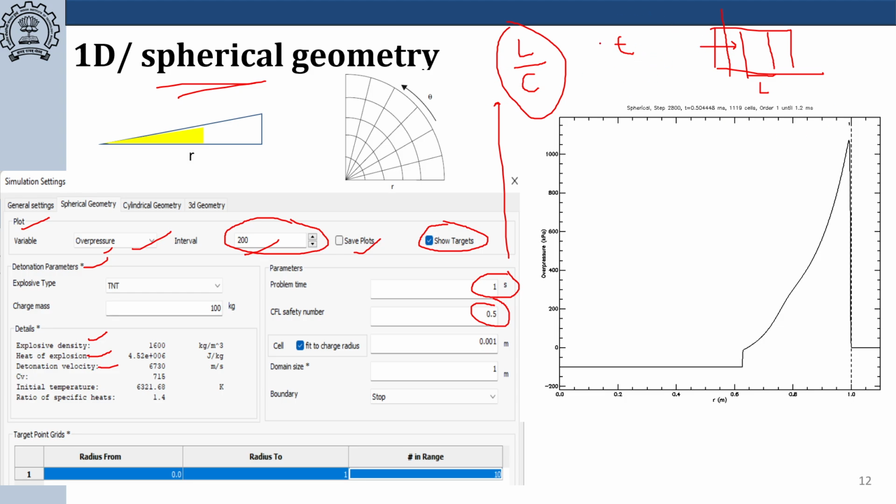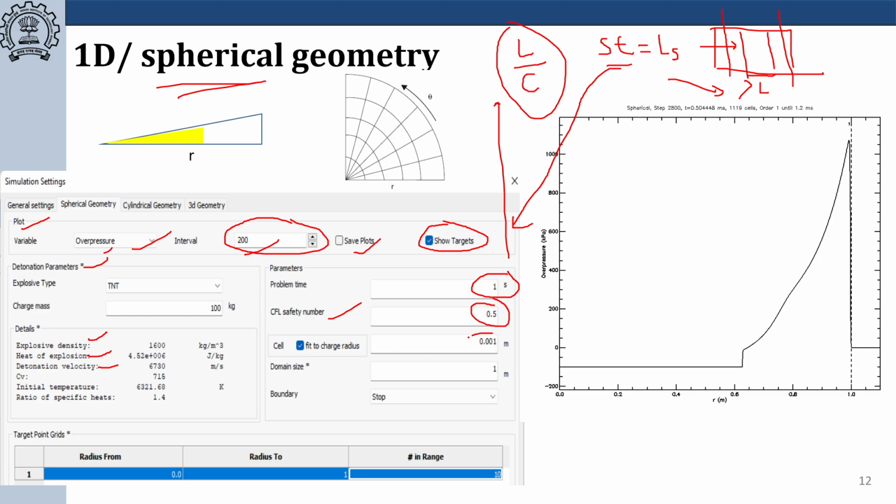So the shock velocity times the time step will give you the length of the shock propagation. If this length of the shock propagation is greater than the cell size, what happens? It skips the cell and goes to the other. This leads to an error in the solution. So in order to avoid this, they have set a limitation called the CFL safety number, and it is kept at 0.5.